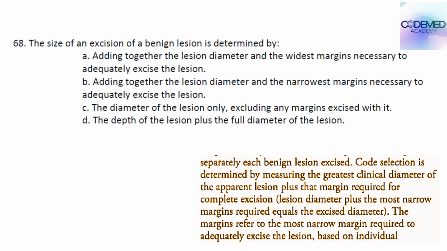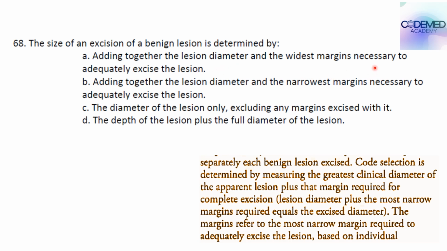The size of an excision of a benign lesion is determined by? Okay, now we will see, this is a guideline which is very clearly given. Code selection is determined by measuring the greatest clinical diameter of the apparent lesion plus the margin required for the complete excision. In the bracket they have written: lesion diameter plus the most narrow margin required equals the excised diameter. Is it adding together the lesion diameter and the widest margin?